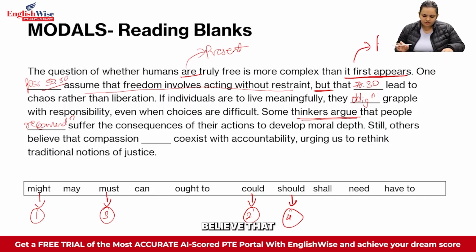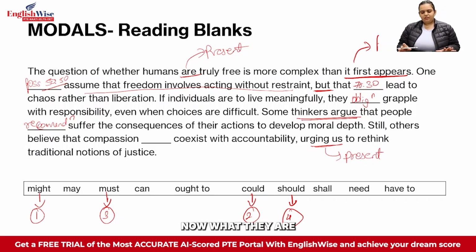"Still, others believe that compassion – coexist with accountability, urging us to rethink traditional notions of justice." Now when we are talking about coexisting or urging us to do something, we have come towards present tense once again.